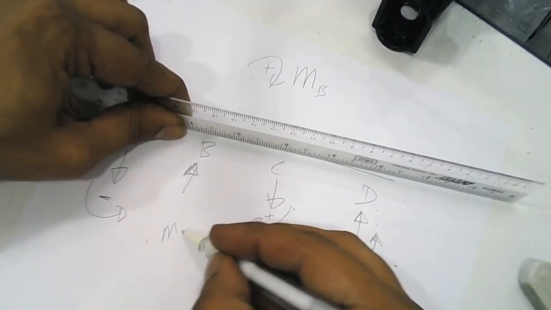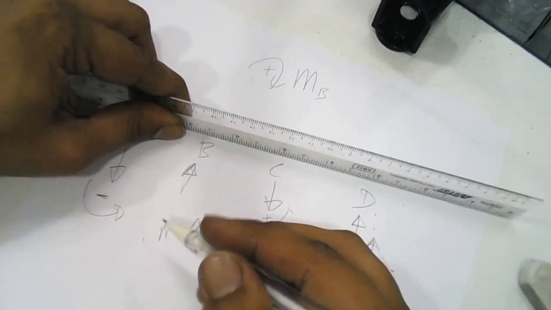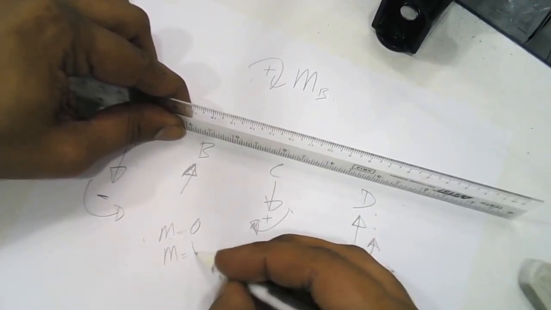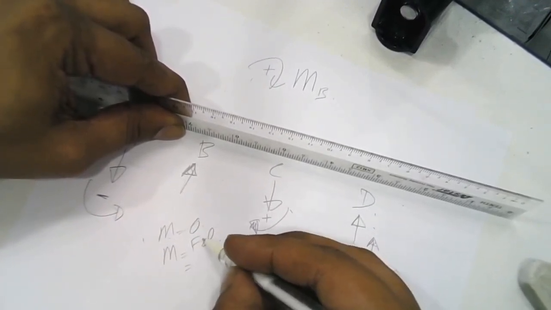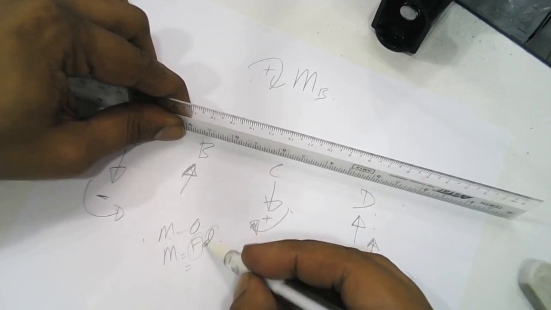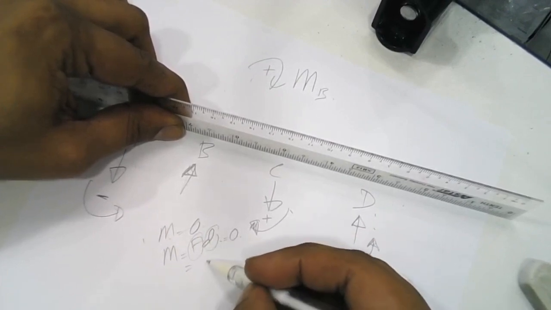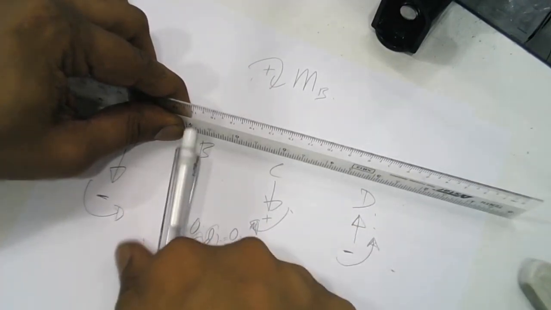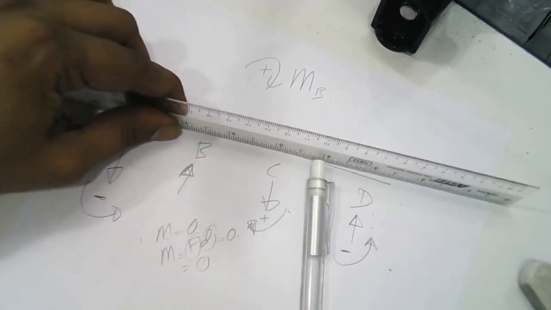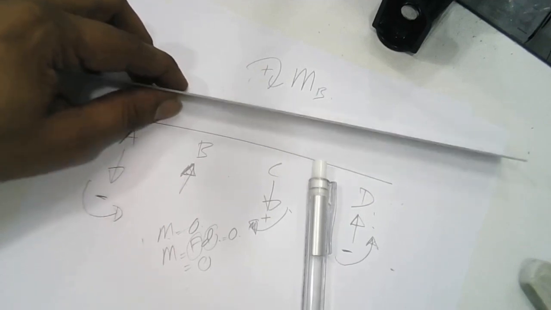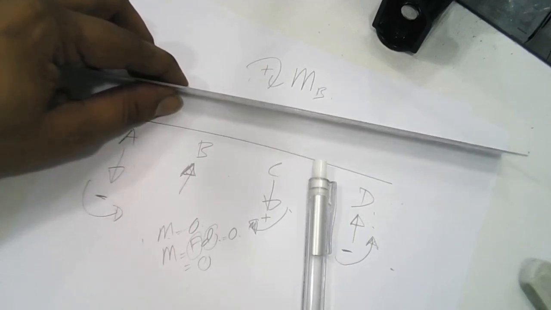Why? Because M equals F times d. We have a value of F, but the value of d is zero. So the moment is zero. Again, we go back to our presentation slide.